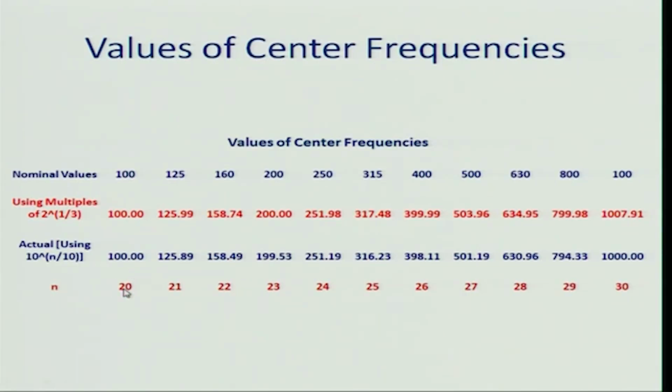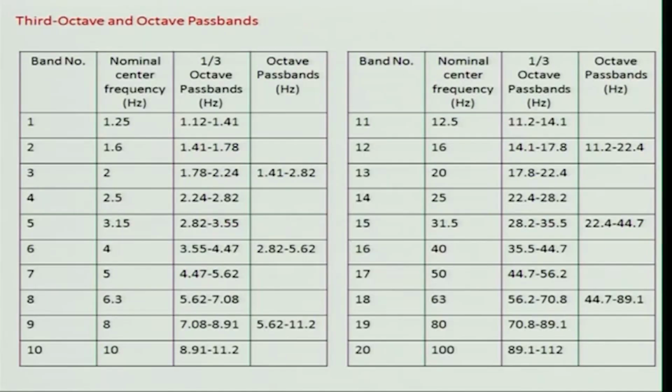Whenever my frequency goes up by a factor of 2, this is 100 hertz, this is 200 hertz, n goes up by 3. Again, when I go to 400, it goes up again by a difference of 3, and so on and so forth. So you understand this? These are the industry standard ISO octave bands.